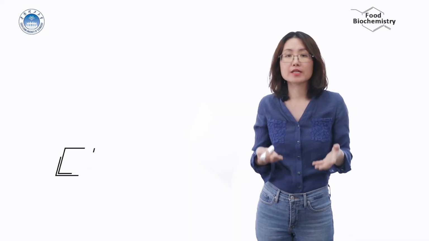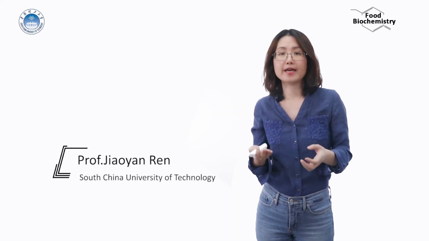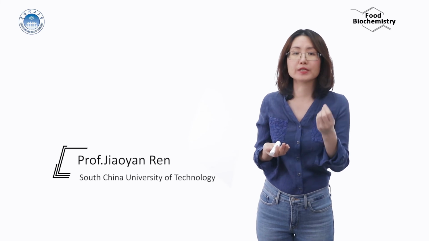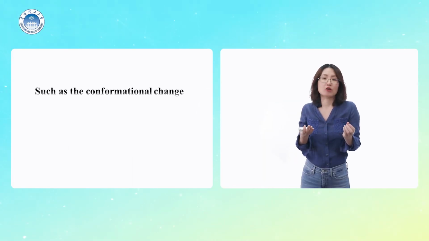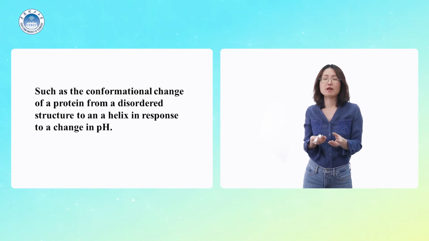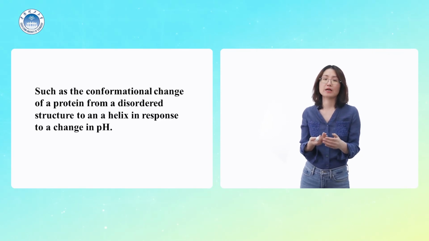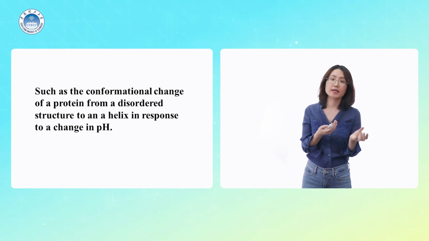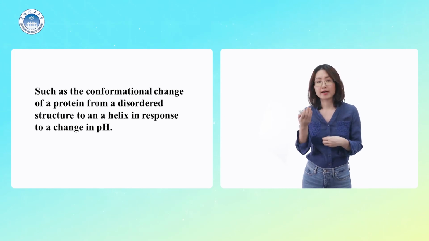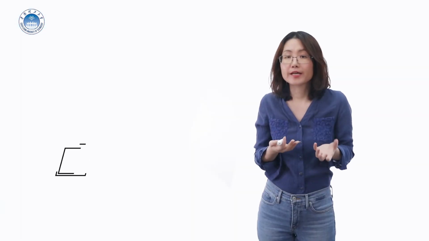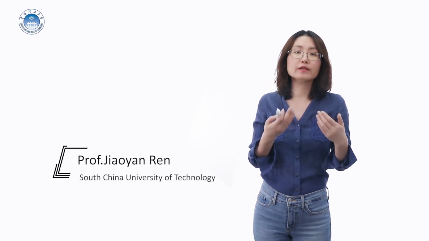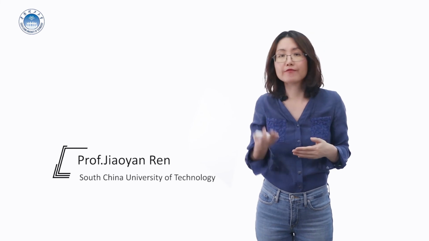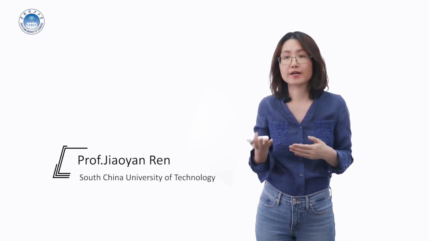With this information, we can then deduce changes to a particular chemical group under different conditions, such as the conformational change of a protein from a disordered structure to an alpha helix in response to a change in pH. Then we can garner even more information by examining how the spins on different protons affect their neighbors.